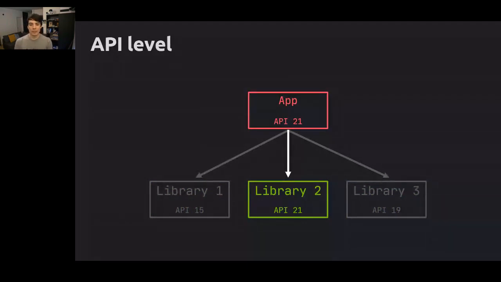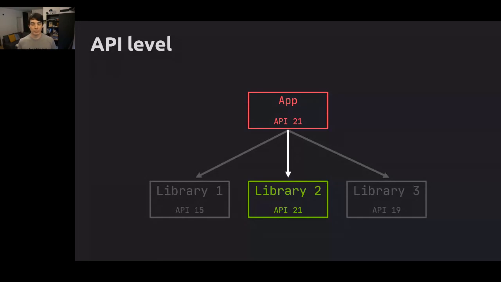And if you're developing a library, you should try to have this minimum API requirement as low as possible. Even if you feel like people these days are not using anything below API level 23 or 21, you might have apps that are using your library that are operating with a user base where they have older devices, whether it's in a region where there are a lot of devices that are still being used, or some special environment inside a company where they have just one type of device that was never updated and they're still running Android apps on it.